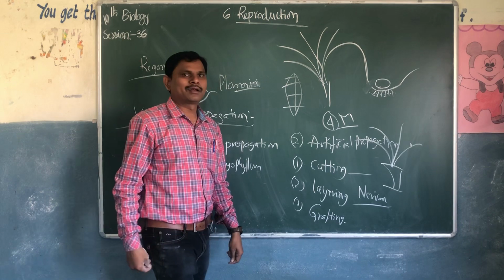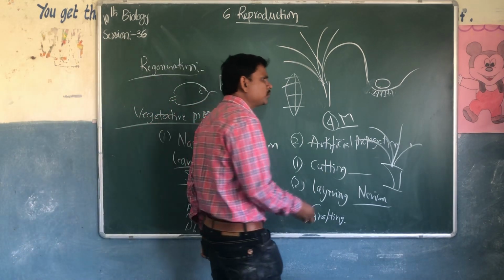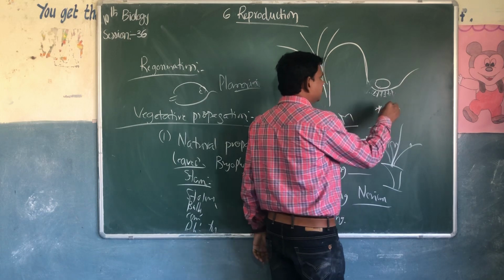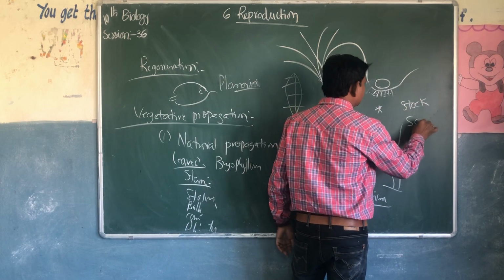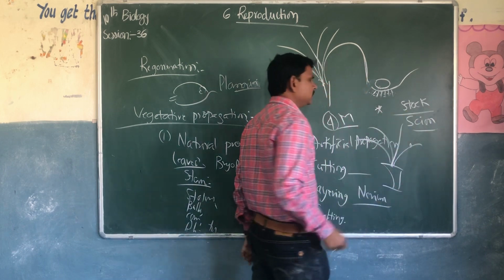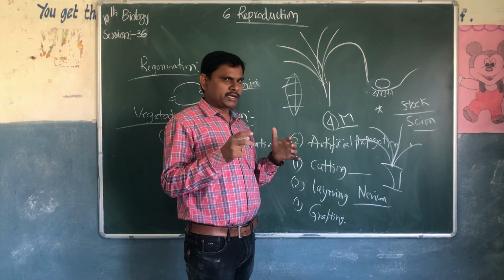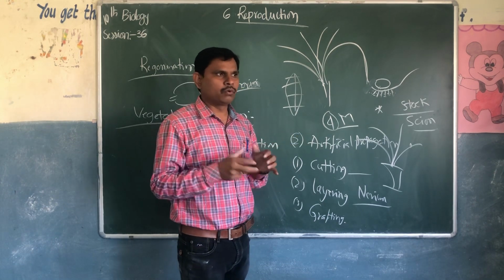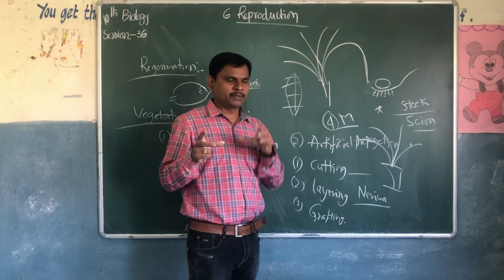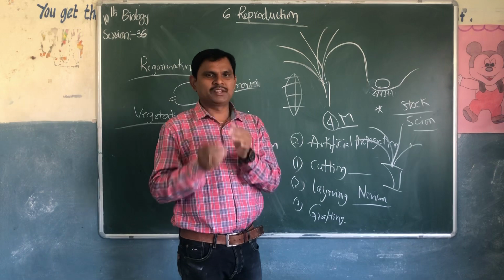Last one is grafting. Here we have two important words: stalk and scion. For example, we graft different types of mangoes and different types of guavas. Nowadays in the market we see big guavas.